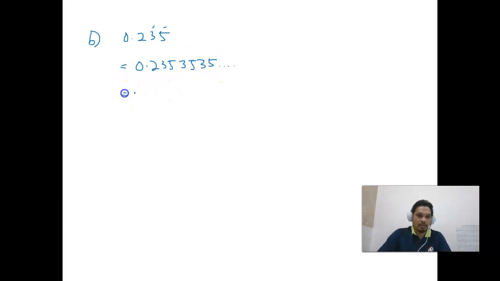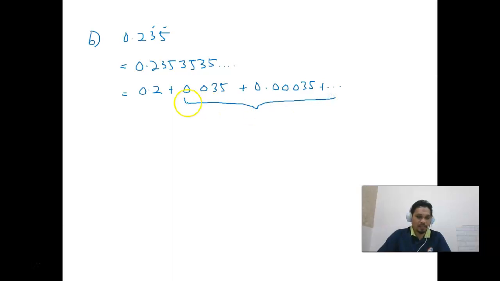It now becomes 0.2 plus 0.035, plus 0.035, plus 0.00035. Okay, so this is the pattern of an infinite geometric series.